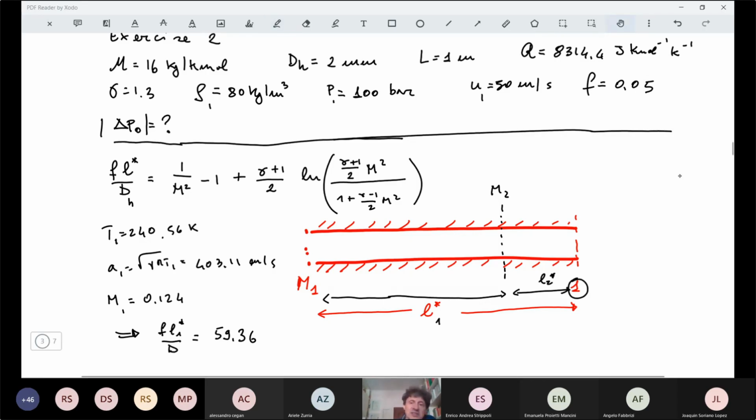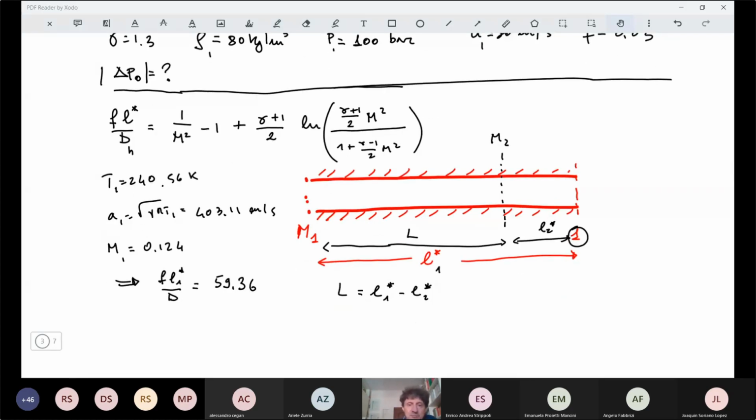So what is this distance? This distance is, of course, the length of the channel, our L, and we see that L must be equal to L1 star minus L2 star. So we can multiply by F and divide by D. So we have FL over D equal to FL1 star over D minus FL2 star over D.